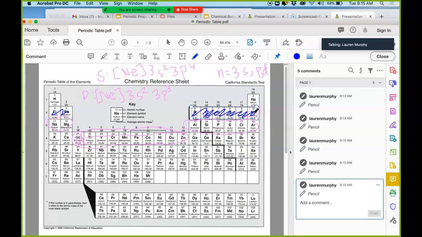There's no such thing as 2d, and if there's no such thing as 2d, there are not empty d orbitals to throw electrons into. So again, these guys from the third period on can have expanded octets because they have empty d orbitals that we haven't reached yet.